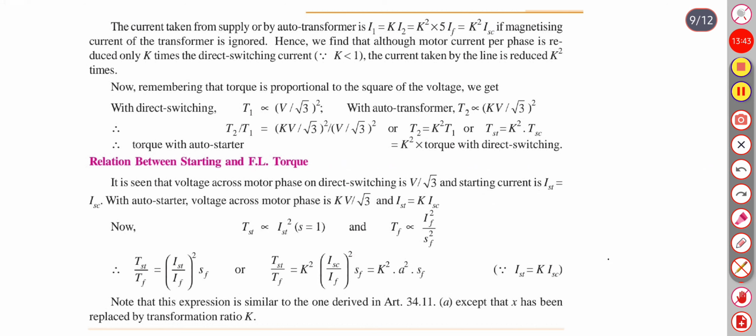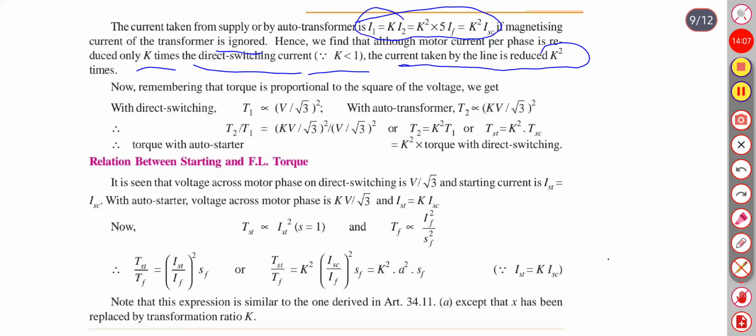The current taken from supply by auto transformer is I1 = K square ISC, if magnetizing current of the transformer is ignored. Hence we found that although the motor current per phase is reduced by K times to the direct switch on line current, because K is less than 1, the current taken by the line is reduced to K square times.